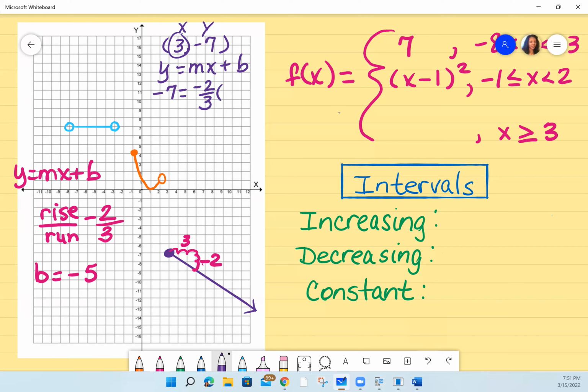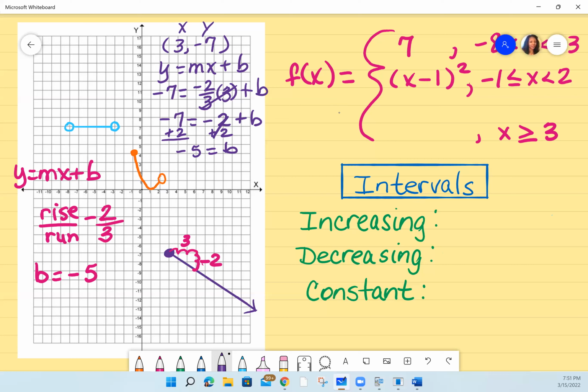And then my x is simply 3. We're trying to find b. You can either multiply this out and say -2 times 3 is -6, -6 divided by 3 is -2, or you can just cross those two out since they're exactly the same and bring down what's left over. So then you would have -7 is equal to -2 plus b. To find b, you would just add the 2 on both sides, and it is -5. So that is your y-intercept.